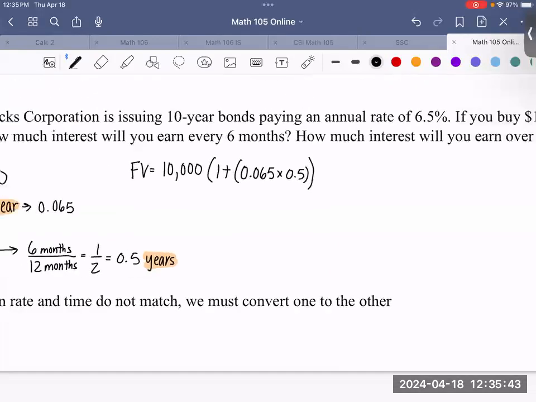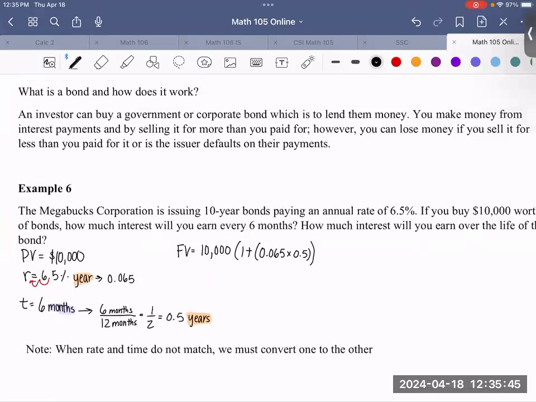Actually, even better, I just noticed it says how much interest. So did you guys catch my mistake? How much interest? Am I finding my interest or am I finding my future value? So actually, I don't need my future value unless I want to calculate it. So this is actually not necessary.